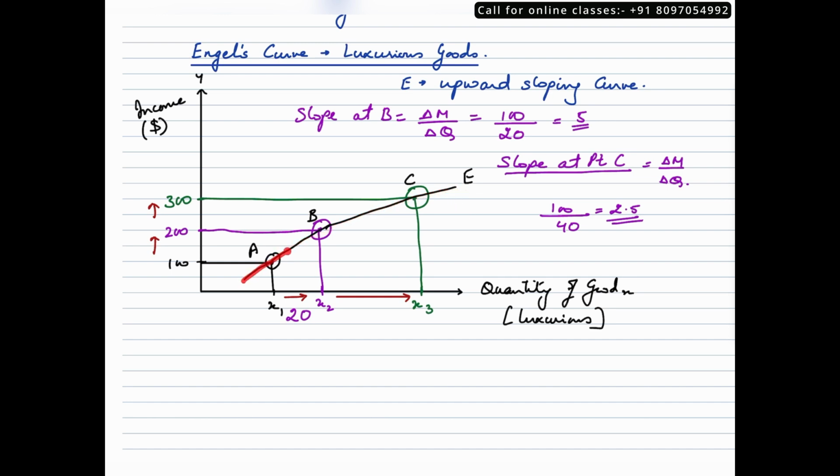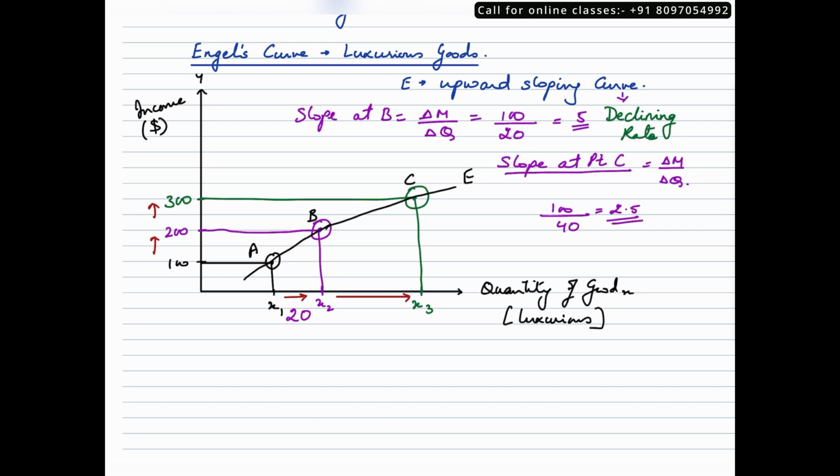What does this curve signify? It signifies that the curve is upward sloping but is sloping at a declining rate. Alright, so the curve is sloping at a declining rate. What does it mean?